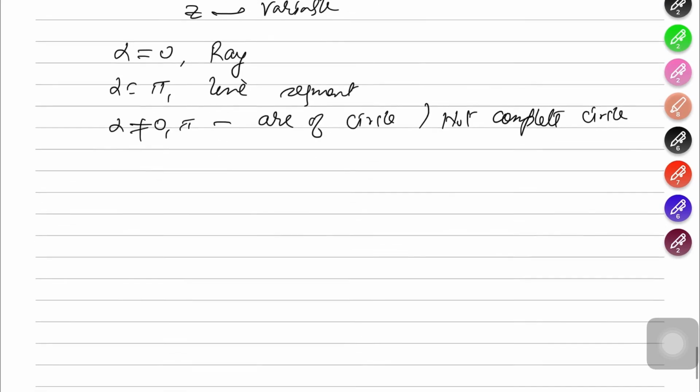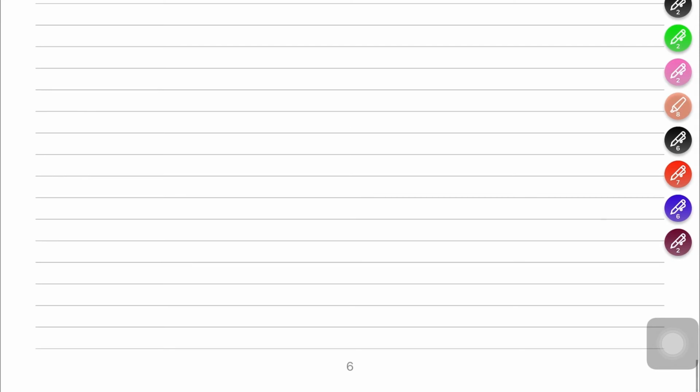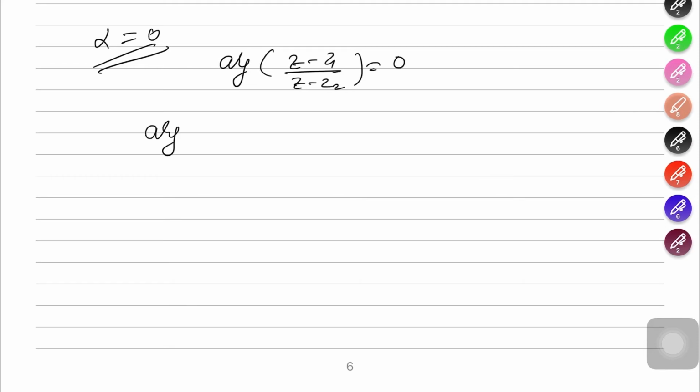Okay, let's see one by one. So case 1, let's see if alpha is 0. So if alpha is 0, that means the argument of z minus z1 upon z minus z2 is 0, or argument of z minus z1 minus argument of z minus z2 is equal to 0.